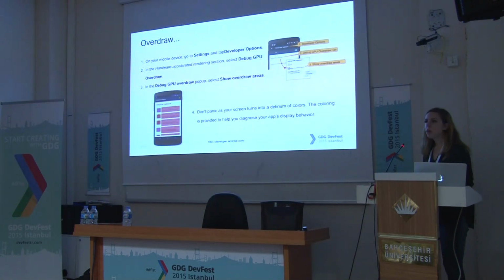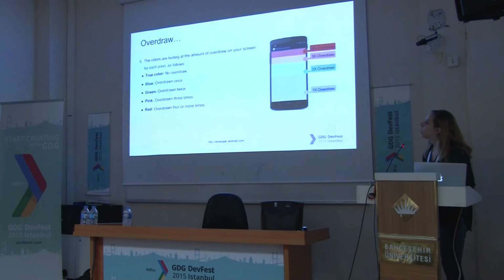And how can we understand if we did something wrong? There is an option in the developer options menu, debug GPU overdraw. When we open it, your screen will look like this one. You see on the screen there are lots of colors, and it's normal. Actually, each color has a meaning.